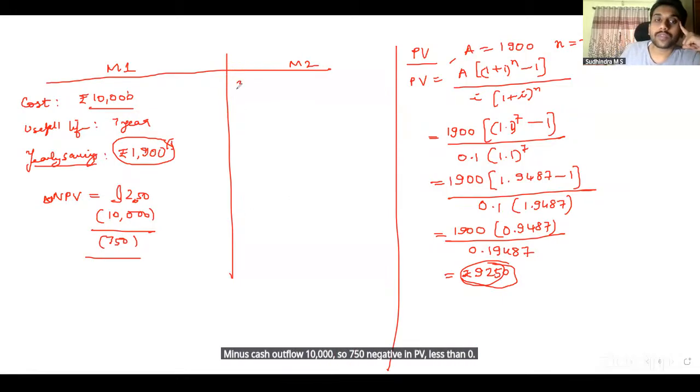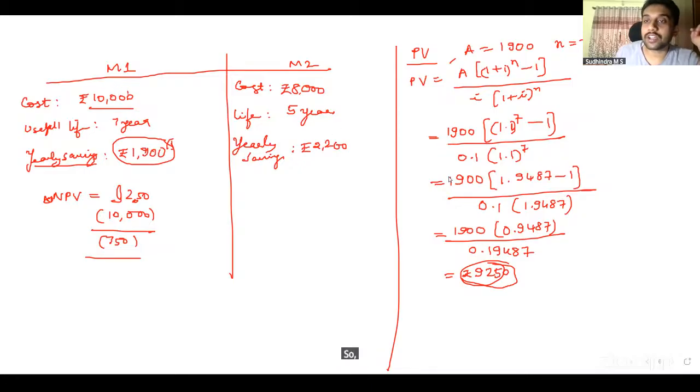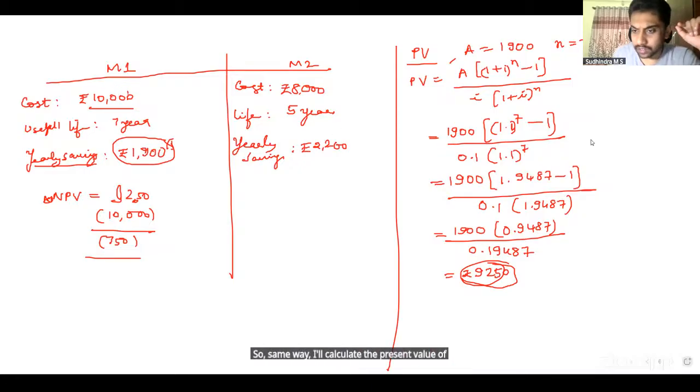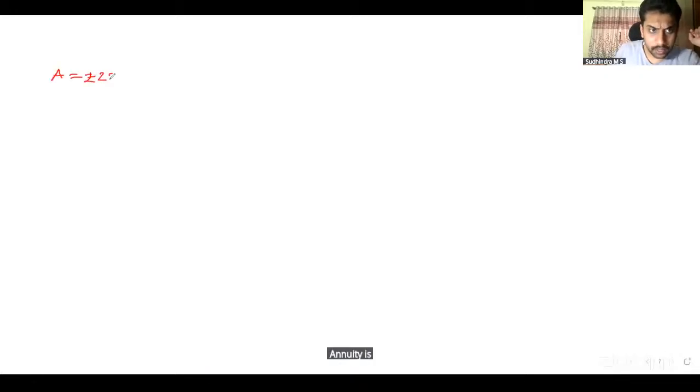Whereas in case of mission 2, cost is 8,000. Life 5 years. The yearly savings 2,200. So same way, I'll calculate the present value of this as well. Annuity is 2,200.